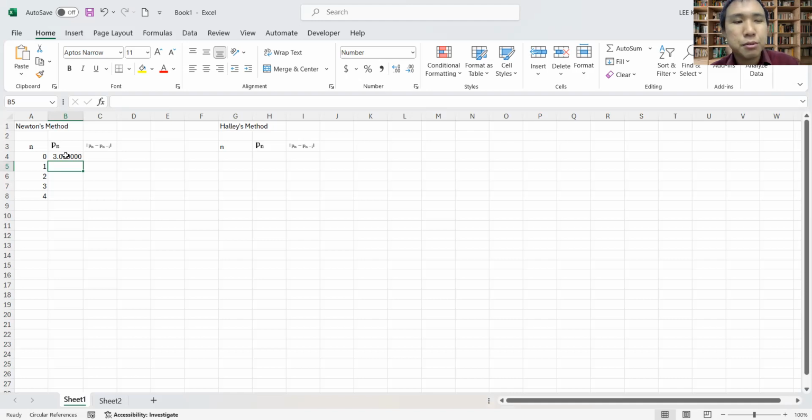In our case, we will round off all the digits to 6 decimal places, and the stopping criterion is the modulus of Pn minus Pn minus 1, the successive term minus the term before it.